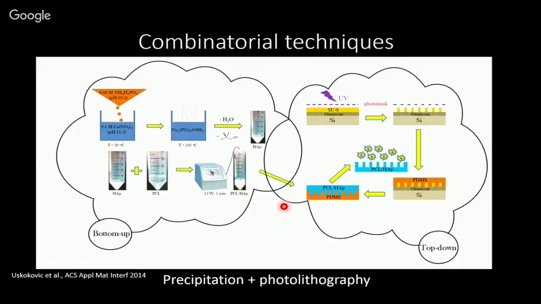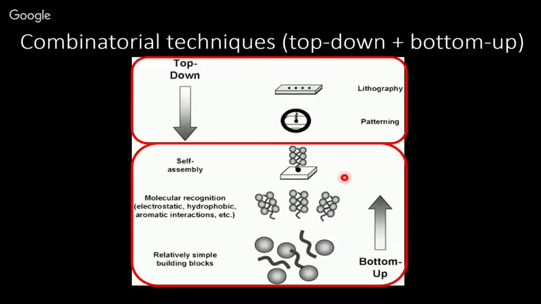This is another example where you can run a precipitation chemistry in this window and then use it as a substrate for a lithography technique. So all these techniques that I mentioned can be combined.